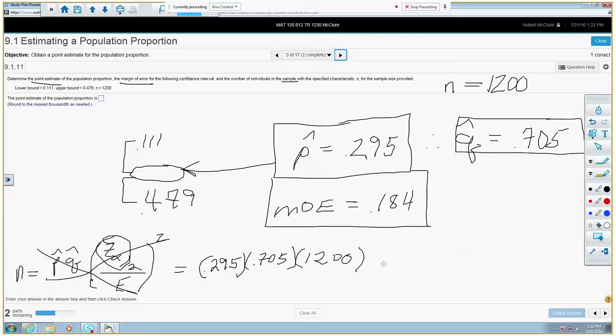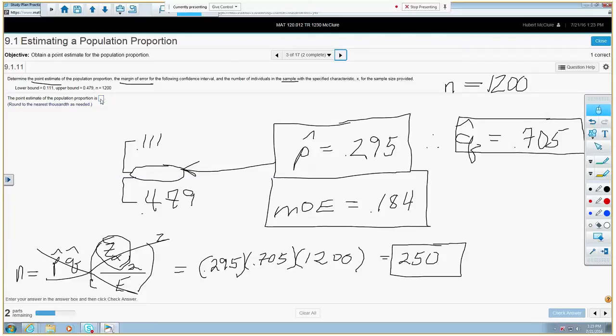What do you get? 249.57, so 250. And why did I round it up? Can't have half of a body. Can't have half of a survey. Right, that's right. Of course it is.